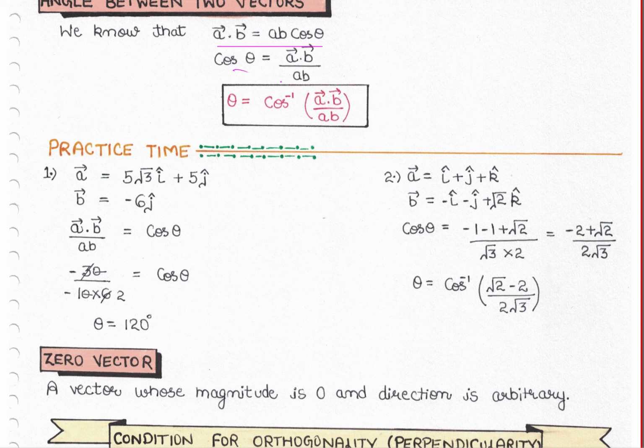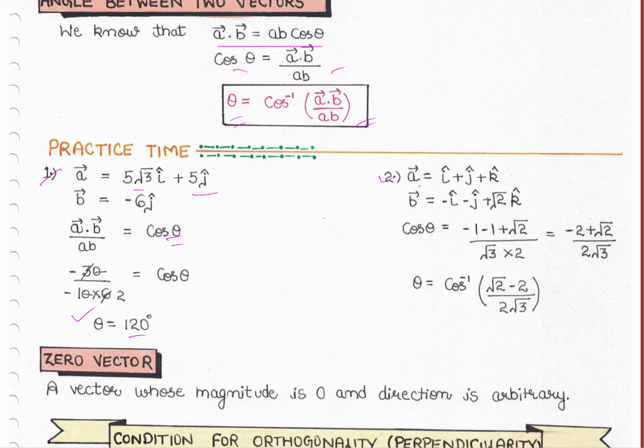So cos theta is equal to a dot b by ab, or theta is equal to cos inverse of a dot b by ab. Now a is 5 square root of 3 I cap plus 5 j, and b is minus 6 j. So you can write a dot b by ab is equal to cos theta, and if we put these values, we can find theta is equal to 120 degree.